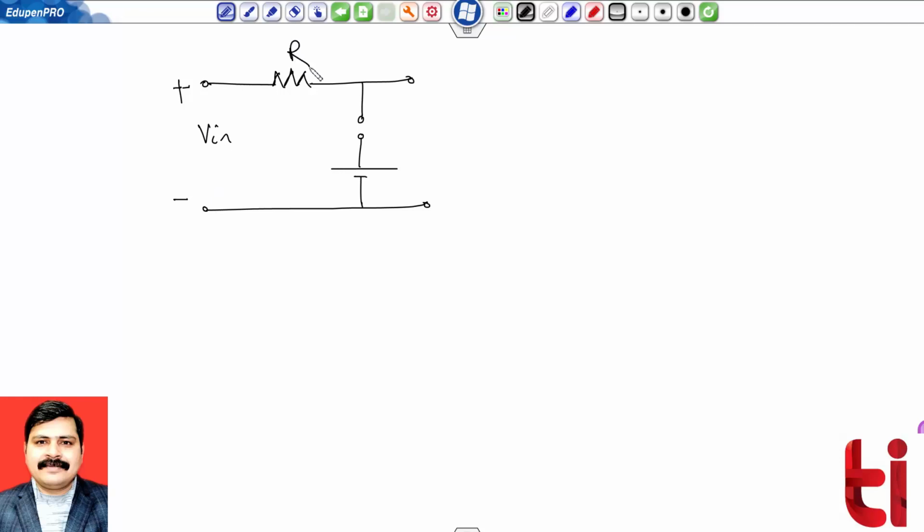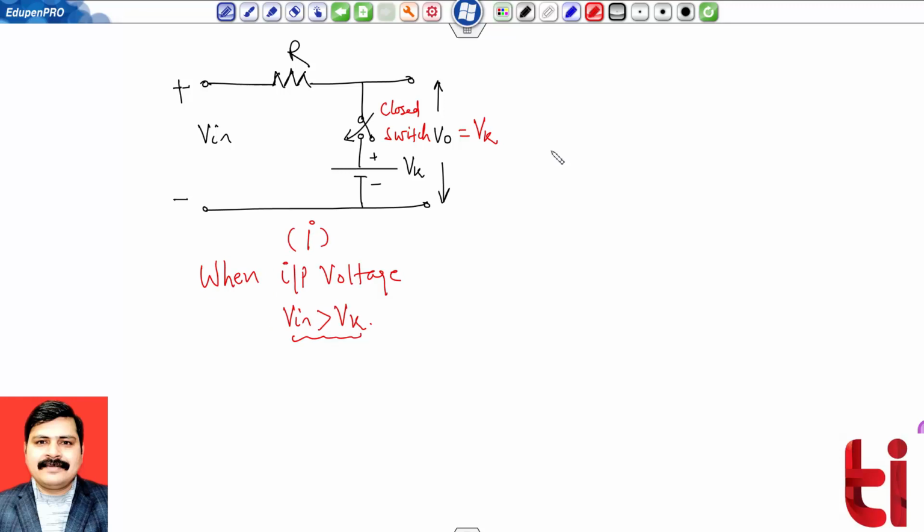Vin, R is there, the diode will be on in the first case, plus minus Vk, and we will have the output. By inspection, you can check that V0 will be equal to Vk, because it is a closed switch, and my output V0 equals Vk. This is the first case, when the input voltage Vin is greater than Vk.